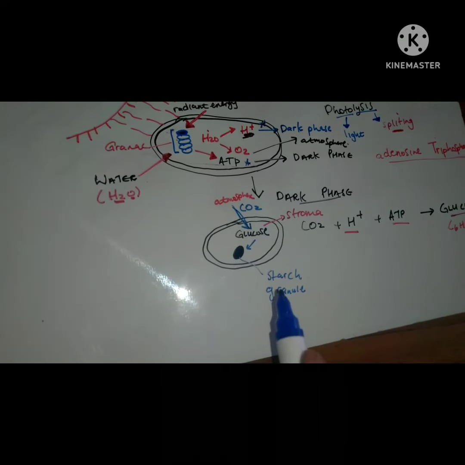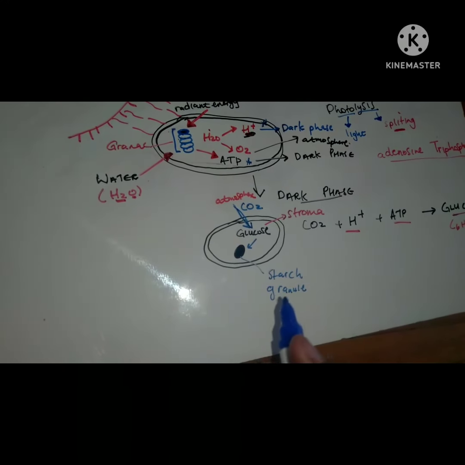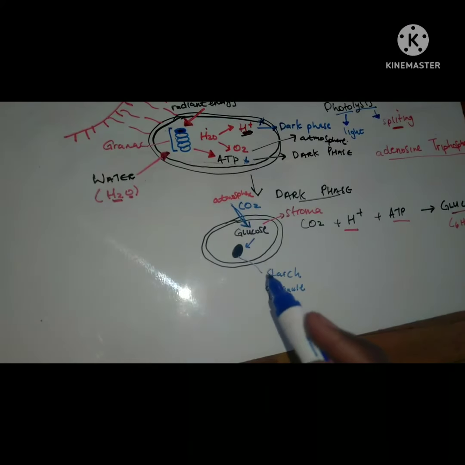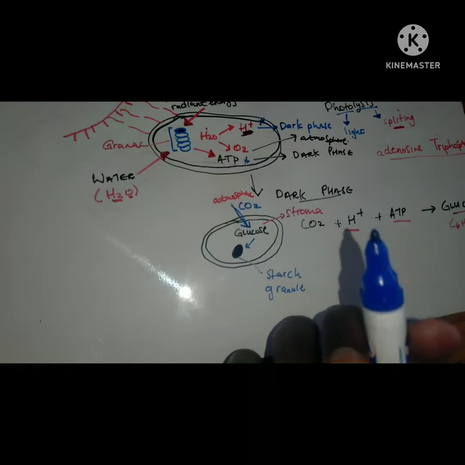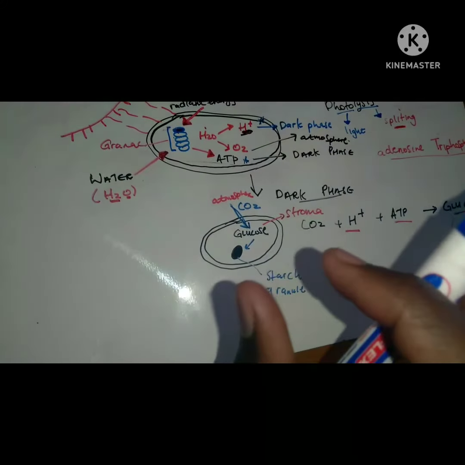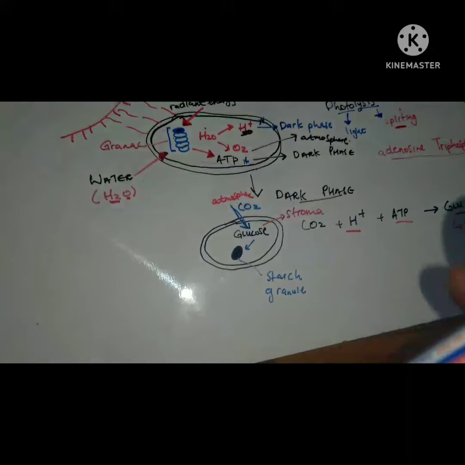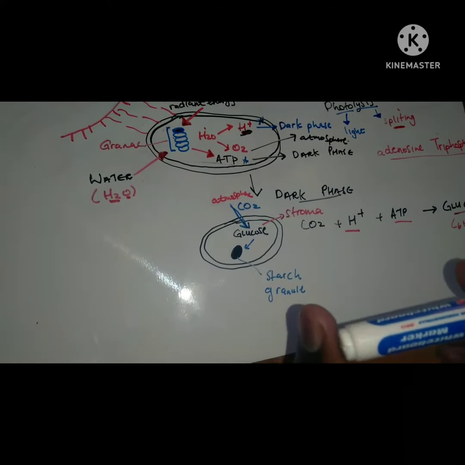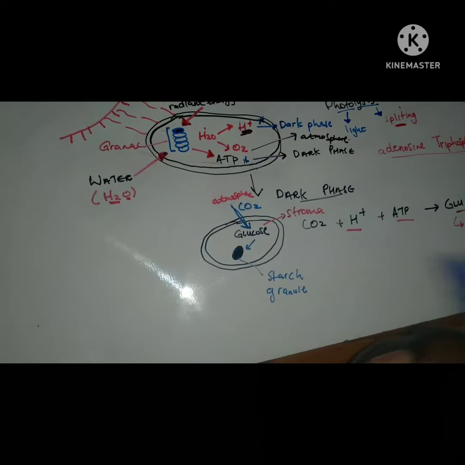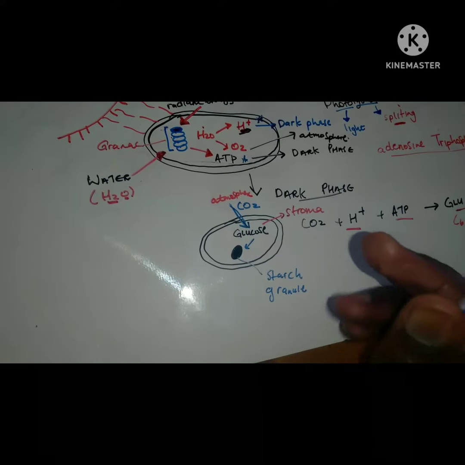Remember that the starch granule is a place whereby glucose is stored. It is a grain or a granule or an organelle or a part, whatever you might call it, but in scientific terms, it's this organelle in the chloroplast whereby glucose is stored in the form of starch.